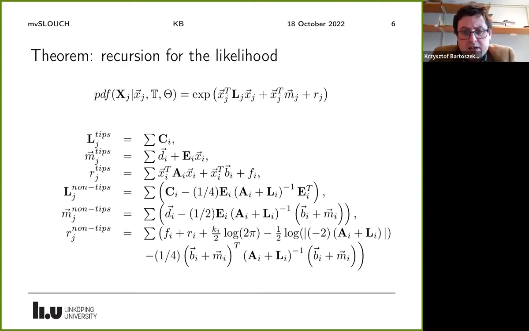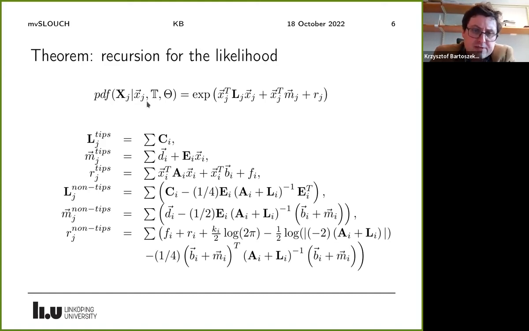Okay, and the thing is that we need to traverse each branch only once. So now, instead of using up a quadratic amount of time in the number of species to create the likelihood function, and then to take the inverse of this quadratic sized covariance matrix, we can in linear time traverse the whole tree and get the value of the likelihood function that is conditional on the root, the origin of the tree.